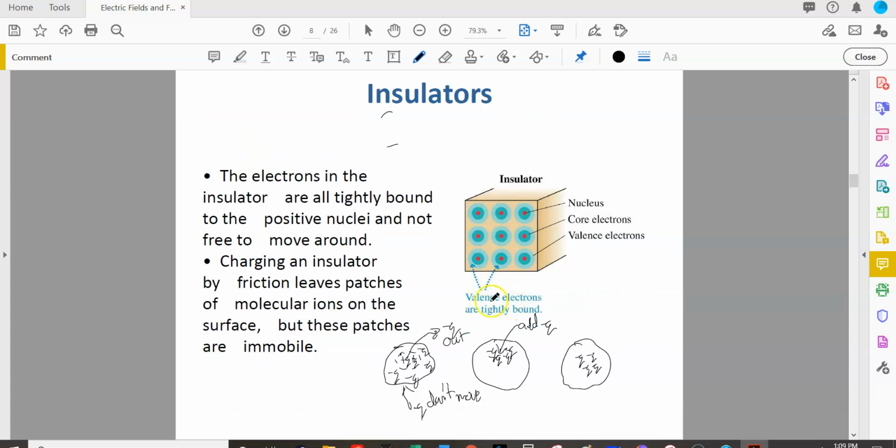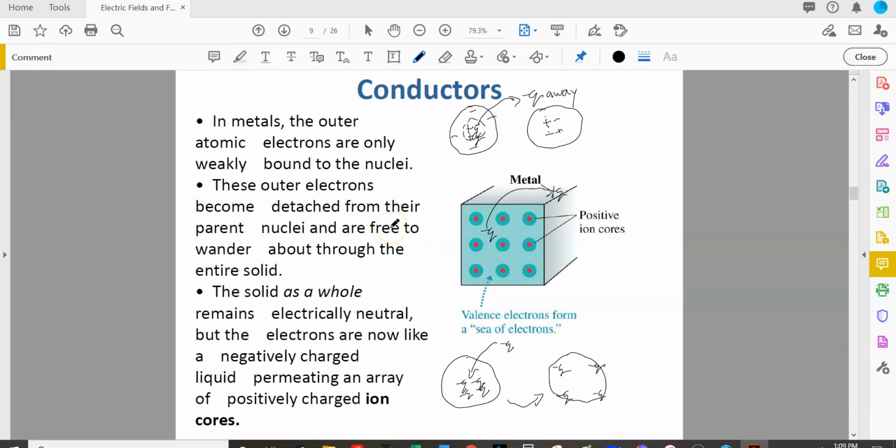And that's because their valence bonds are really tightly bound due to the type of substance it is. Compounds have a structure to them, and sometimes it's the substance itself, but it's also how the substance is organized that can cause this to happen too. Okay? So that's basically the difference between insulators and conductors.